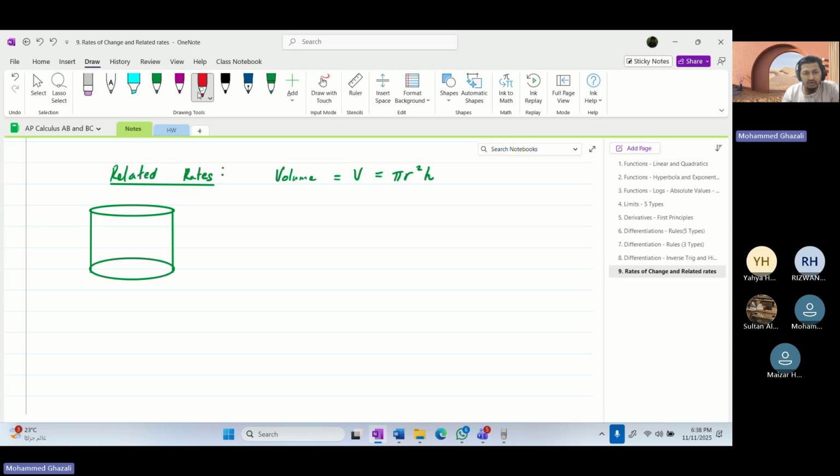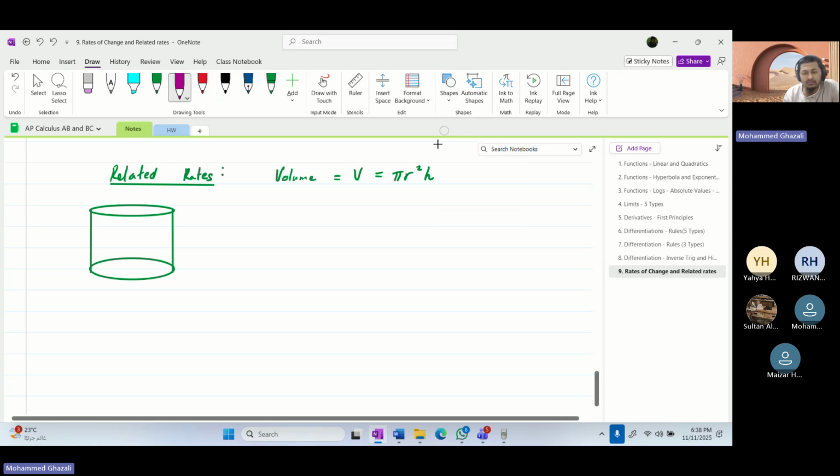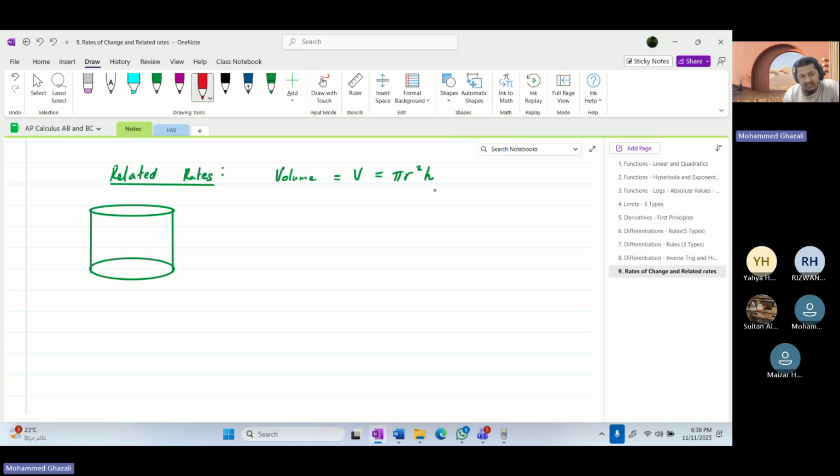Now, this has a radius. I should have given you a cone rather. That would have made more sense. Okay, no, it's fine. Let's keep it like this. Pi r squared times height.